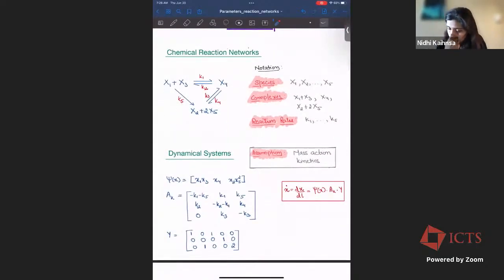Just to understand the context, can you illustrate more about this complex and the reaction rate? Okay, so do you want me to just go with the setup again? Yes, let's set up a few more examples where we see this for computation or application purposes.